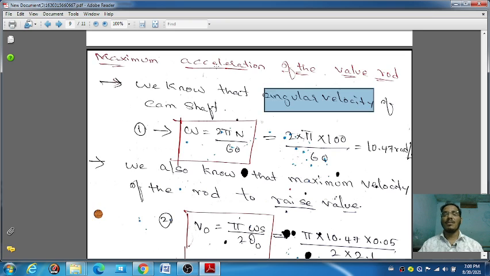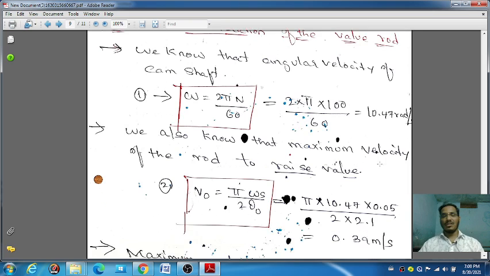While solving for maximum acceleration, you have to calculate the angular velocity. Angular velocity omega is equal to 2 pi N by 60. N is the rotational speed of the cam. The 600 is given. If you calculate this in the calculator, you will get 10.47 radians per second.